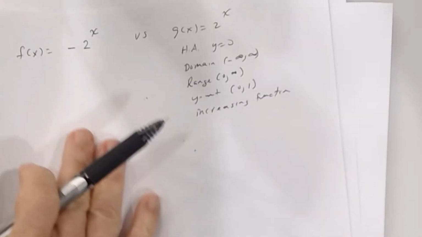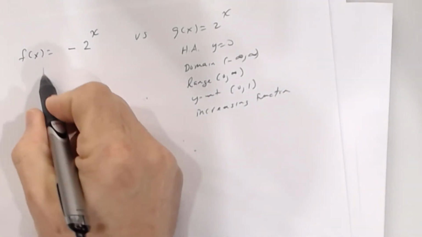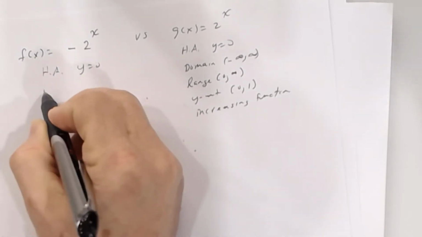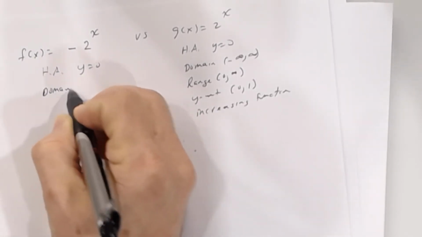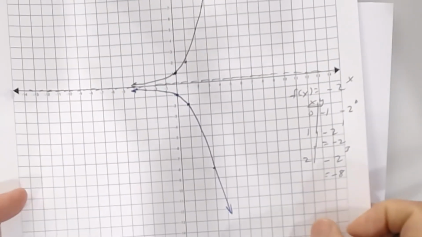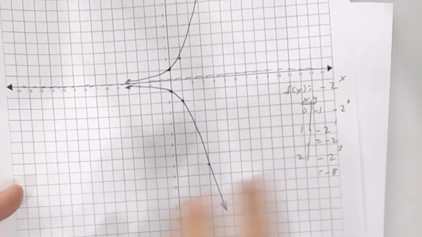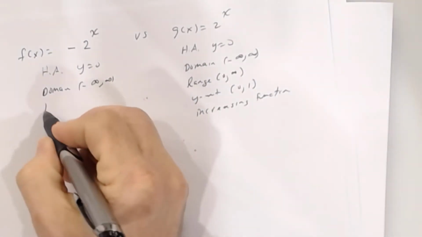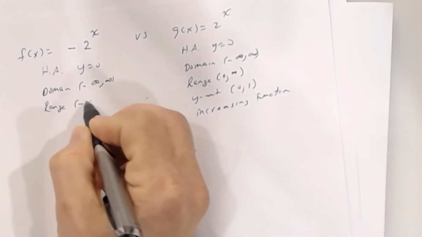Oh, by the way, on this one, I forgot to finish this one. So in this one, what is the horizontal asymptote? Y equals 0. What is the domain? Negative infinity to infinity. All right, now, I'm going to ask you this. What's the range this time? Negative infinity to 0. Good. So the range is negative infinity to 0.